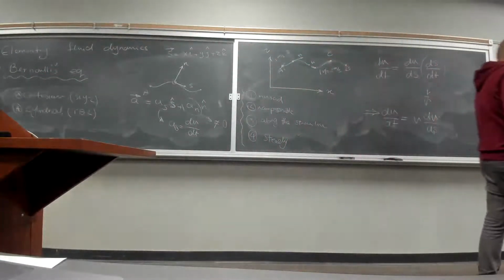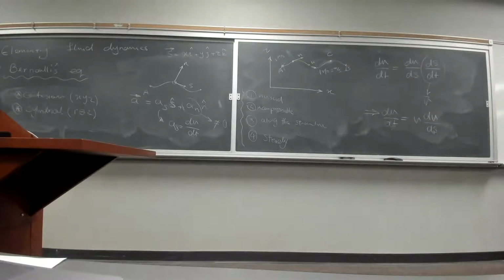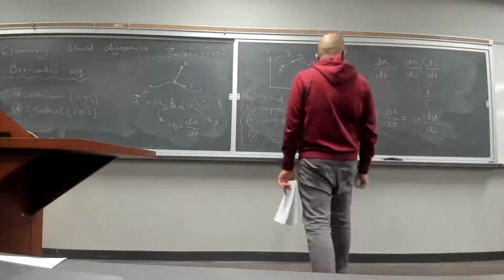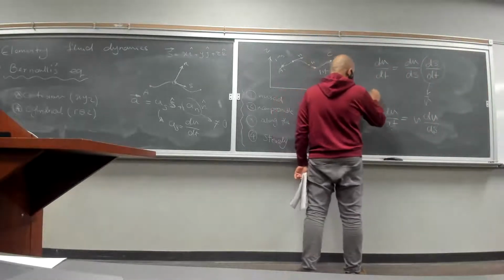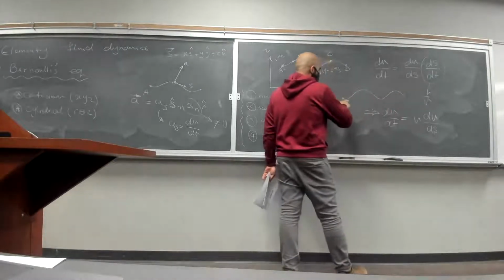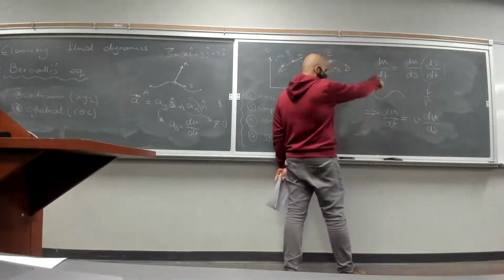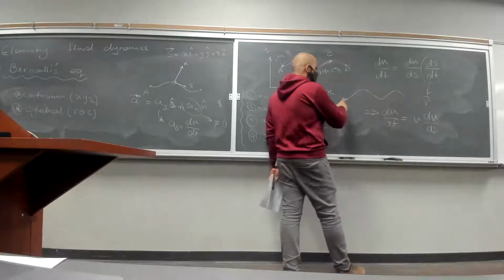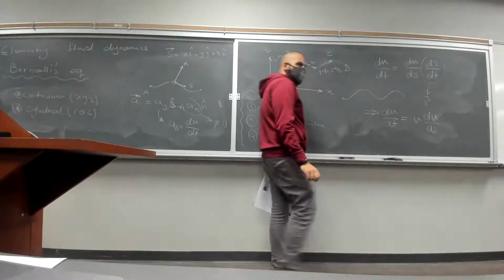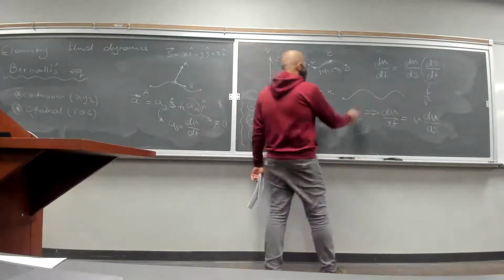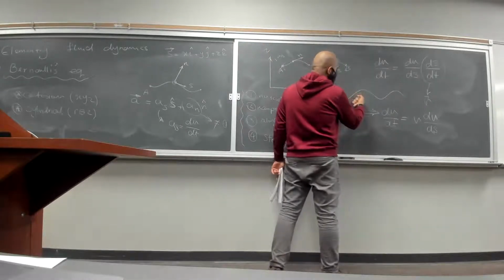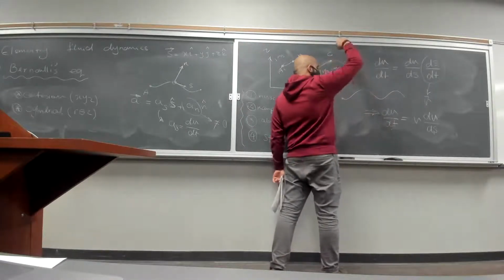We had a thing called centrifugal force, right? And centrifugal acceleration. When you are on a trajectory, when you're moving, and the direction of your velocity vector is changing, which means the direction of your particle is changing, you are essentially pulling the particle in one direction and then pulling it in another direction.